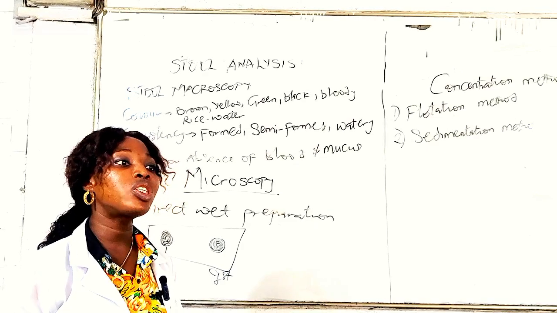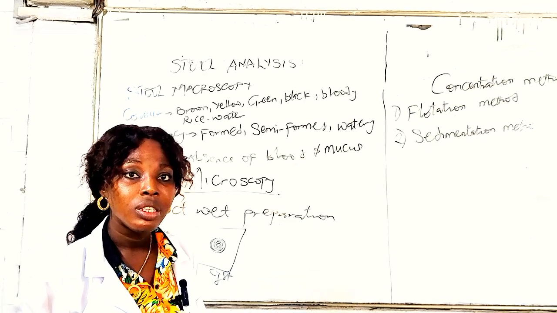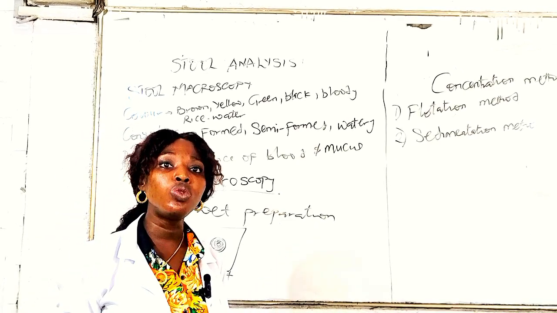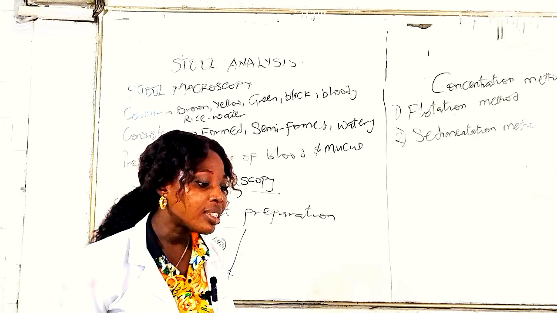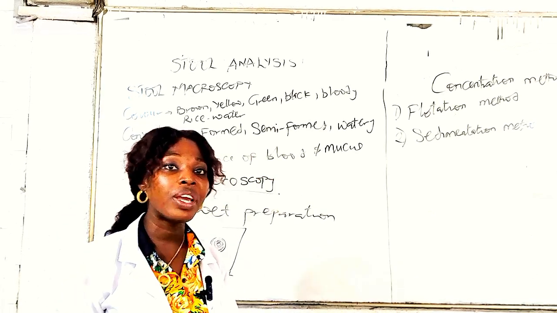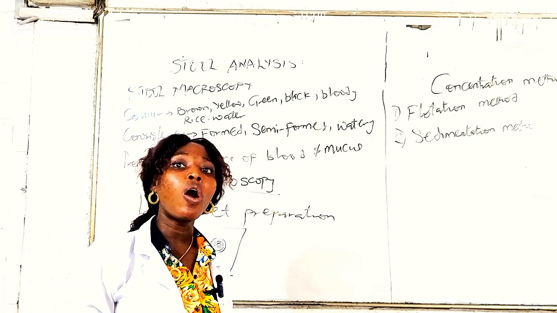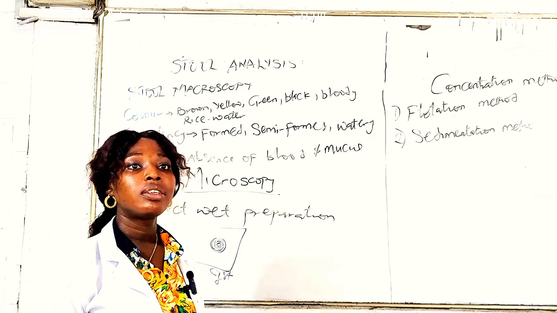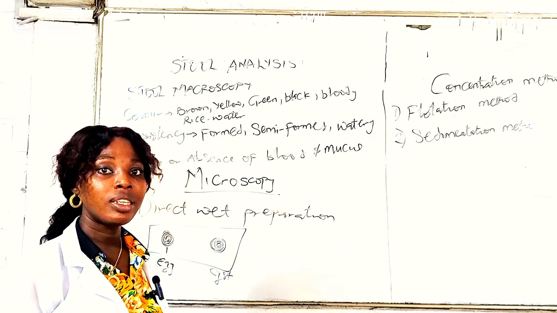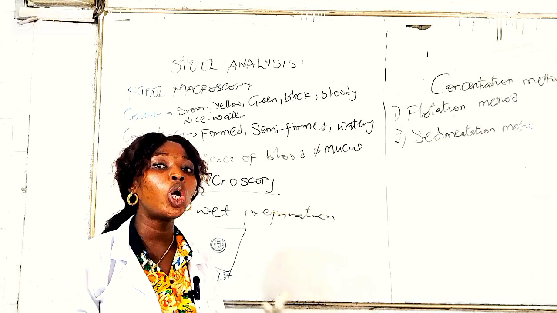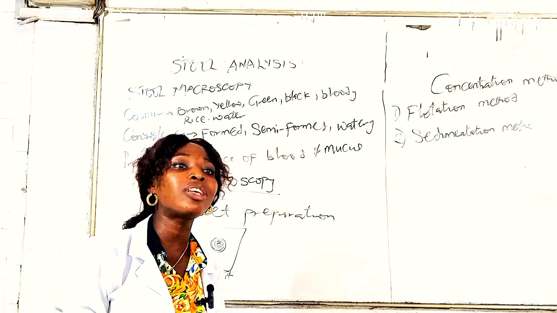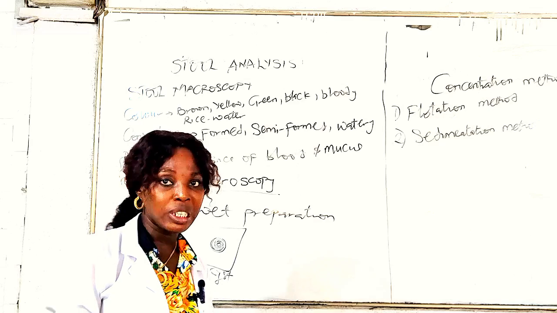A saturated solution is one where the solute is more than the solvent to such extent that it precipitates under the solvent. The solvent can no longer dissolve any further solute, so it precipitates.